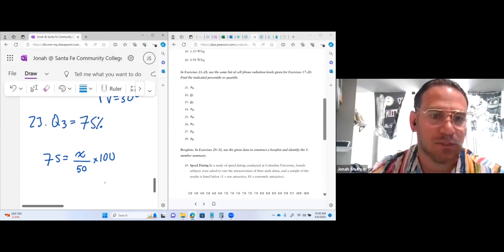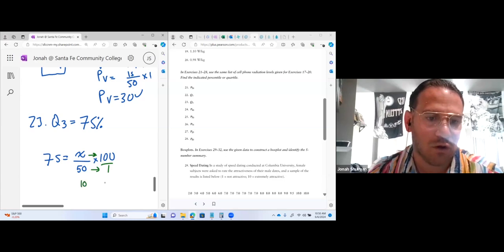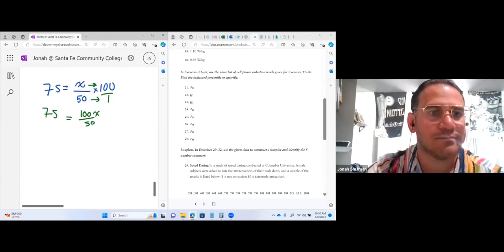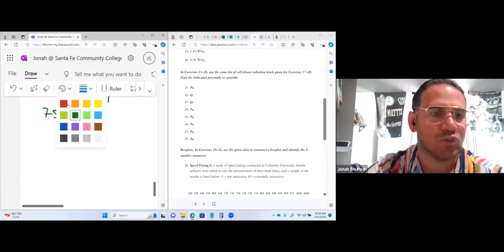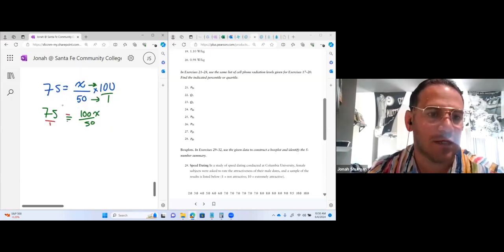Okay, so here's the extra piece I'm going to throw in over 1. 100x over 50 equals 75. I'm going to use some more colors. Here we go. There's my thorax. There's my antenna.